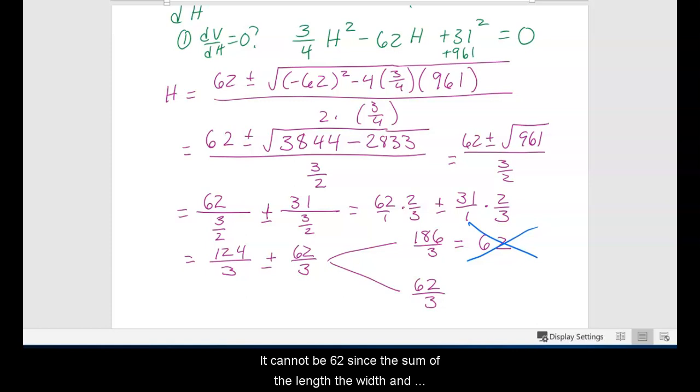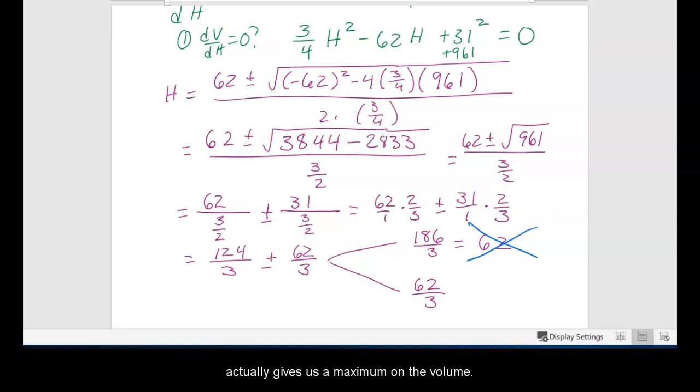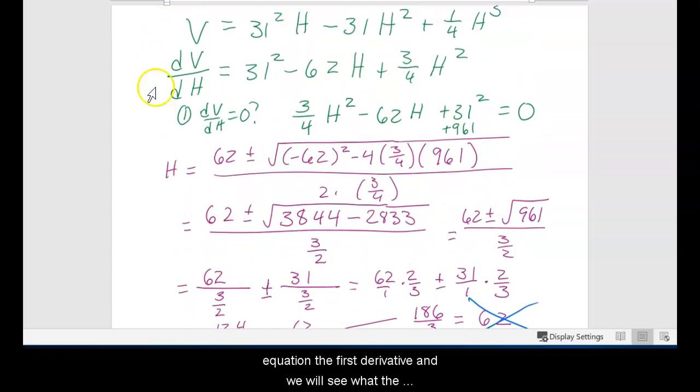It cannot be 62 since the sum of the length, the width, and the height has to be 62. Thus, the only critical value we get for the height is 62 divided by 3. Now we need to determine whether or not that 62 divided by 3 actually gives us a maximum on the volume. In order to do that, we will again take our volume equation, the first derivative, and we will see what the second derivative of it has.